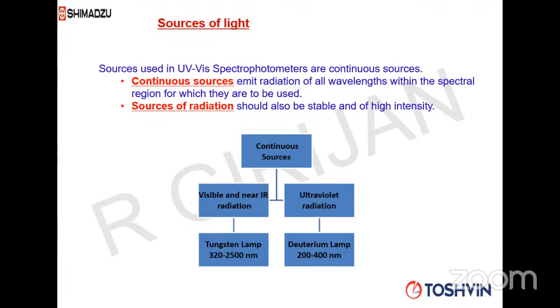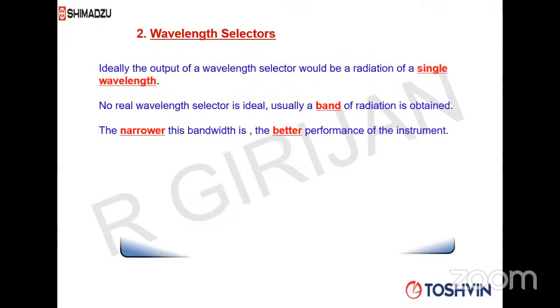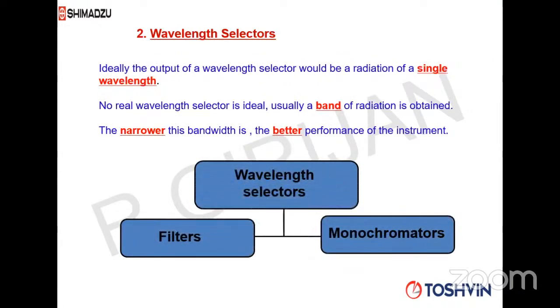In the visible region, where we are going to do colorimetric analysis, we have a tungsten halogen lamp. It can operate from 320 or 350 nanometer, and it can go to very long wavelengths, 2500 nanometer, which is the NIR region, near infrared region. So we have two different lamps, and the lamp can be changed over, as I told you, in the overlapping region between 360 nanometer and 400 nanometer.